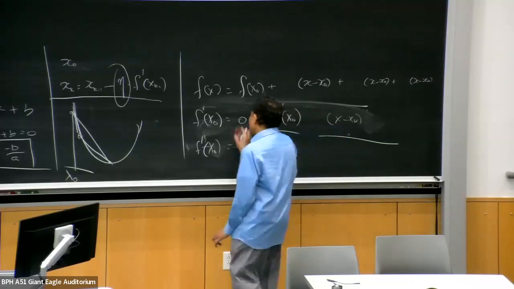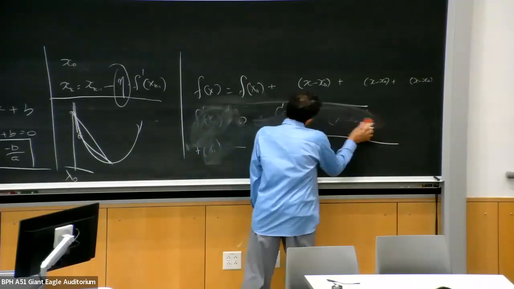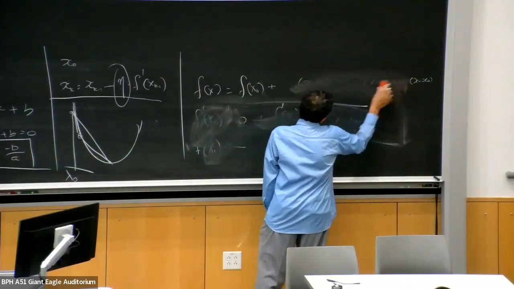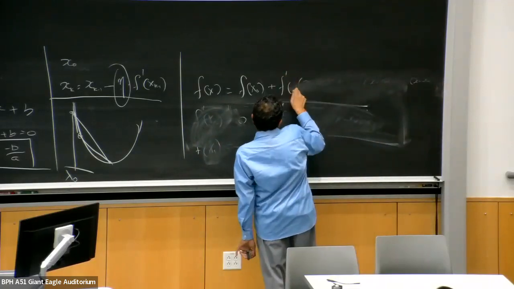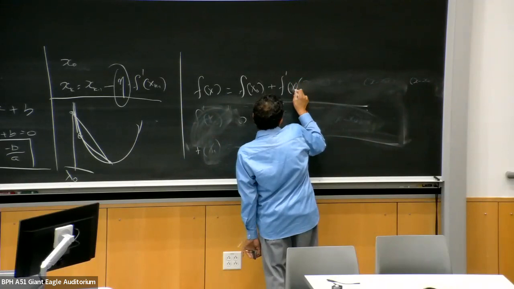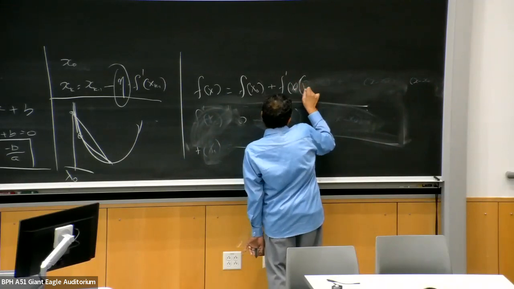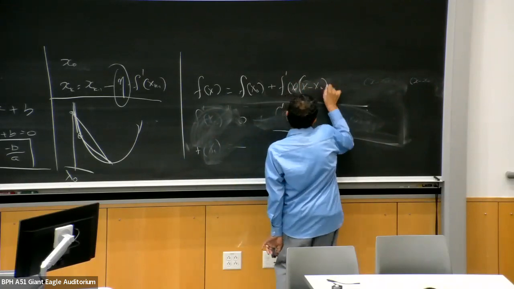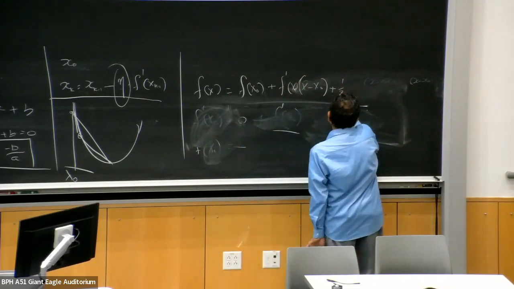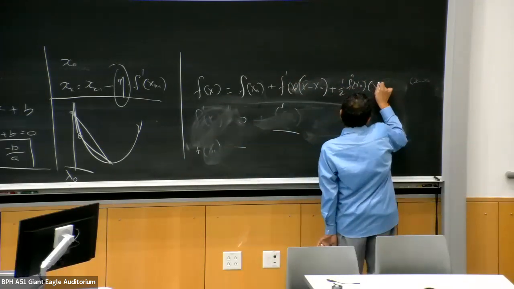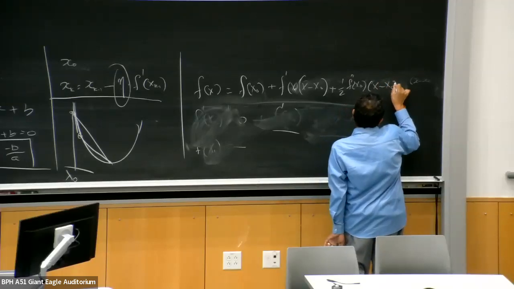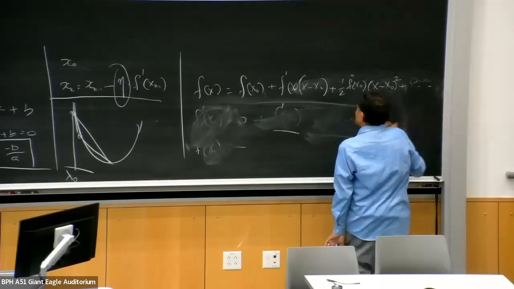So the Taylor series has this structure: f of x0 plus f prime computed at x0 times x minus x0, plus half of f double prime of x0 times x minus x0 whole squared, plus and so on.